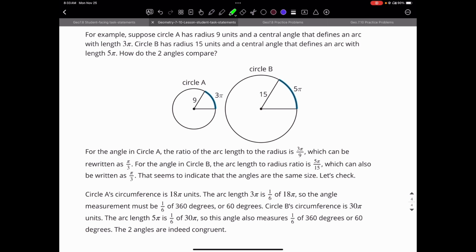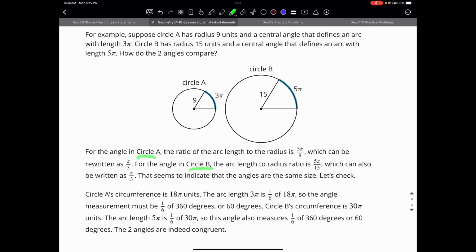For the angle in circle A, I'm reading here, the ratio of the arc length to the radius is 3 pi over 9, which can be rewritten as pi over 3. For the angle in circle B, the arc length to the radius is 5 pi over 15, which can also be written as pi over 3.